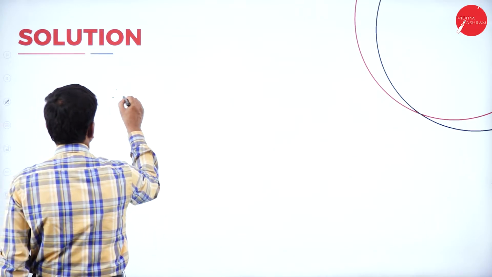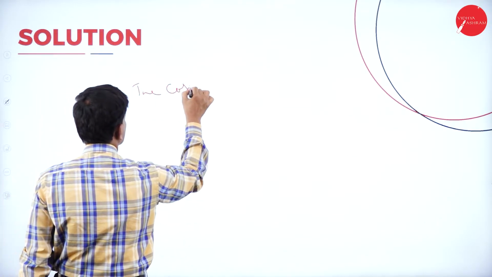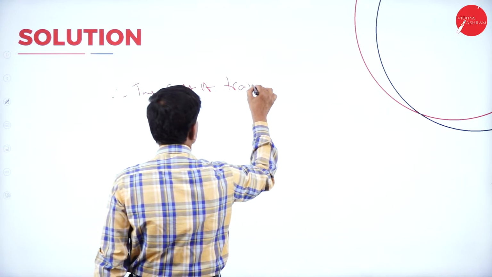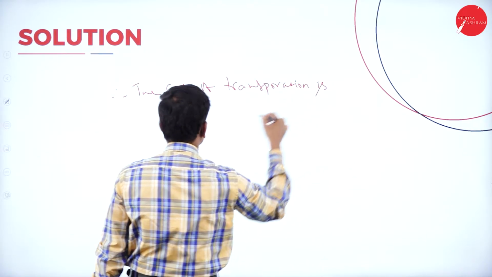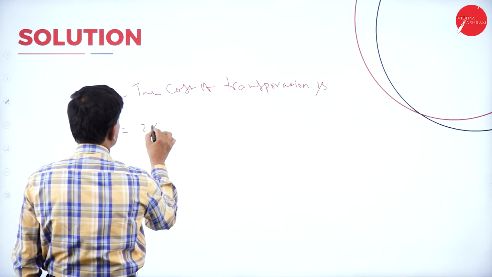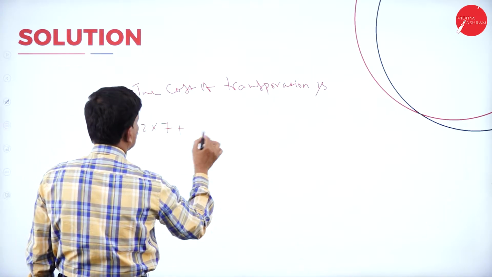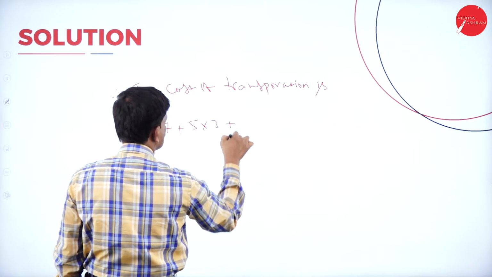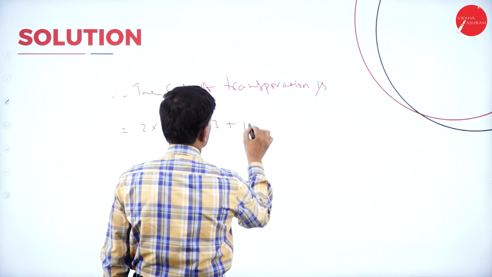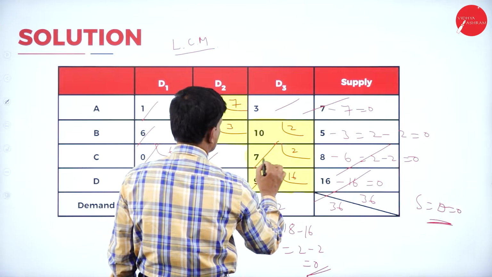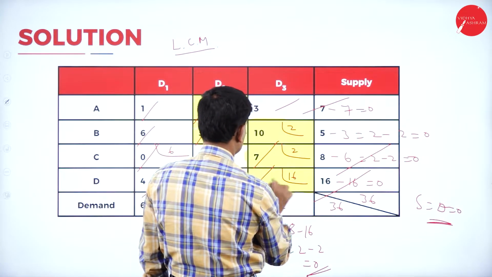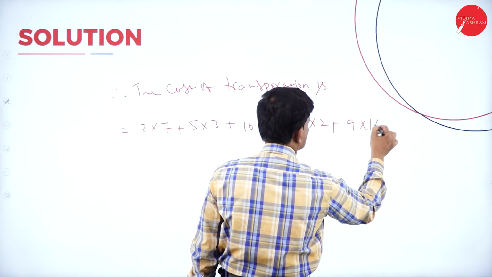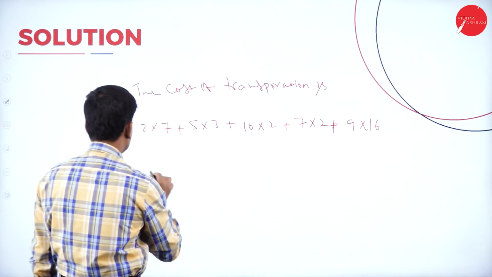So, therefore, the cost of transportation is equal to 2 into 7 plus 5 into 3 plus 10 into 2 plus 7 into 2 plus 9 into 16. So, if you simplify, you will get the answer.